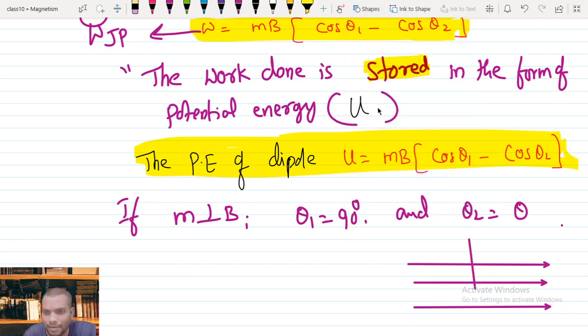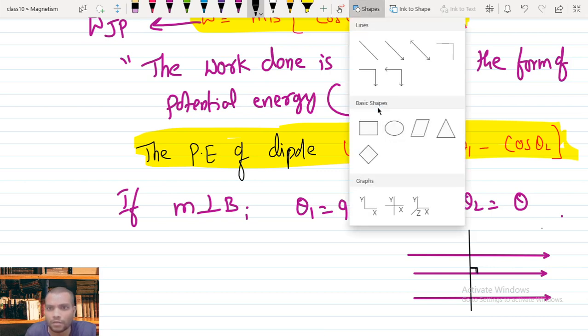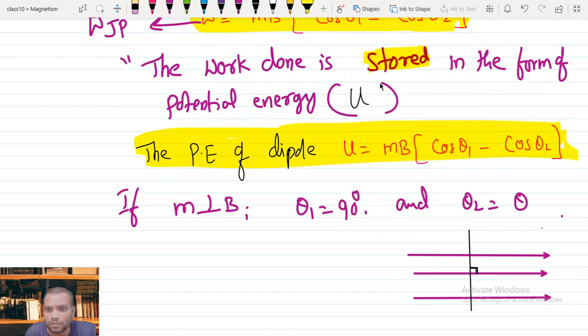Initially the magnetic moment is perpendicular to the magnetic field direction. This is the initial position. Let me highlight, this is my magnet or magnetic dipole or bar magnet. So the initial angle theta 1 equals 90 degrees.